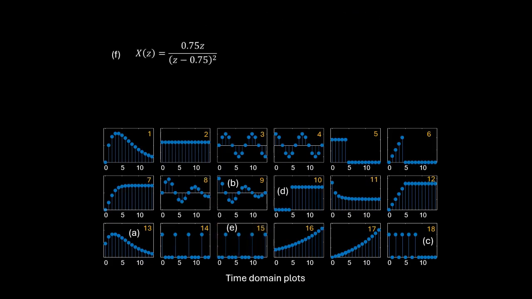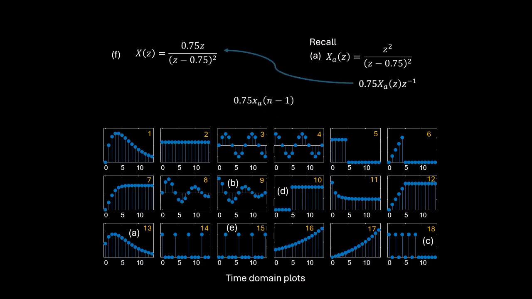Problem F looks very similar to the first problem we did in part A. It is simply part A time shifted to the right by 1 and scaled by 0.75. And yes, the vertical scaling of all the plots is not the same. That's why the plot 1 doesn't look like an attenuation of plot 13.